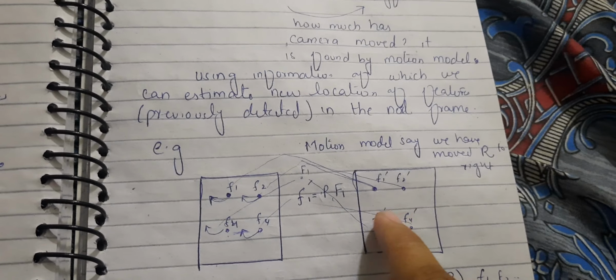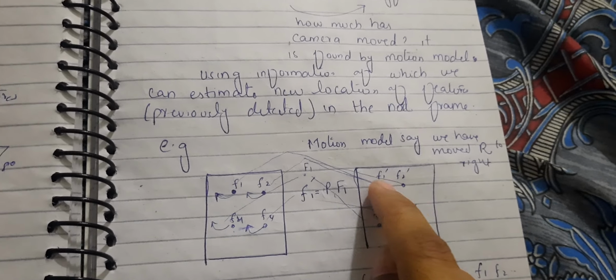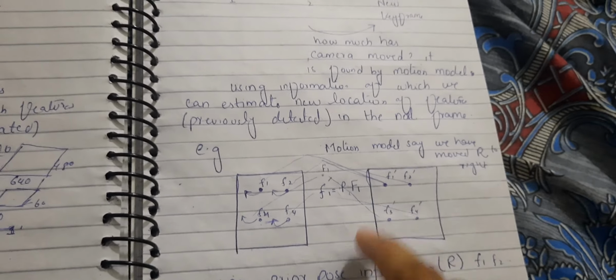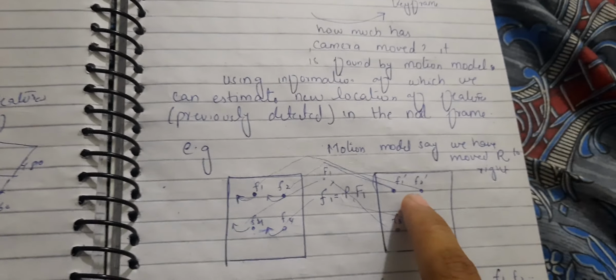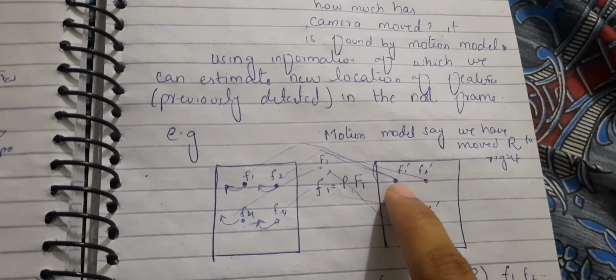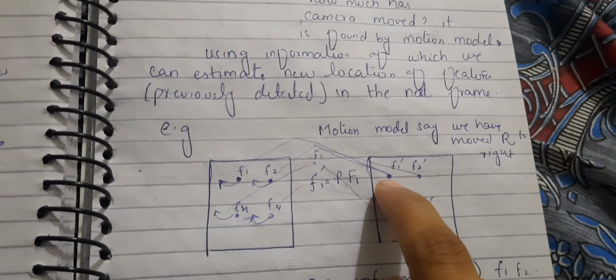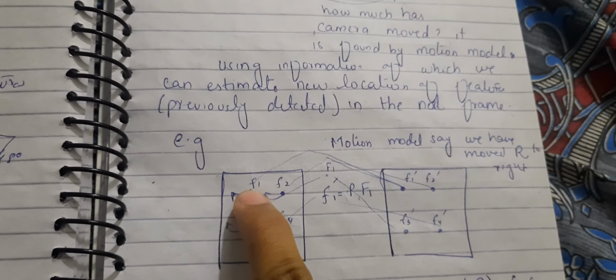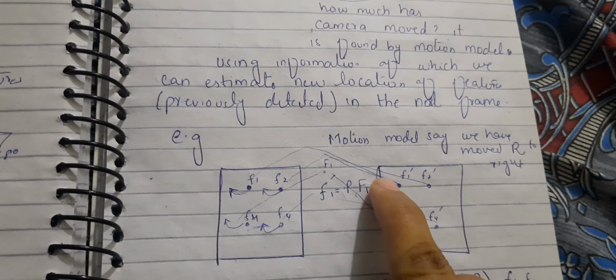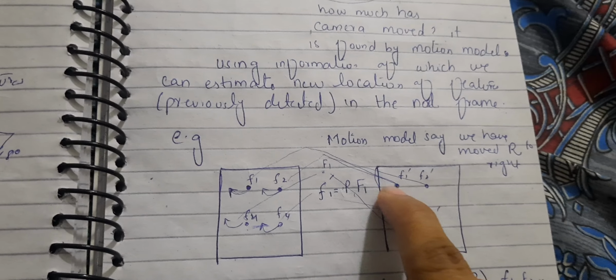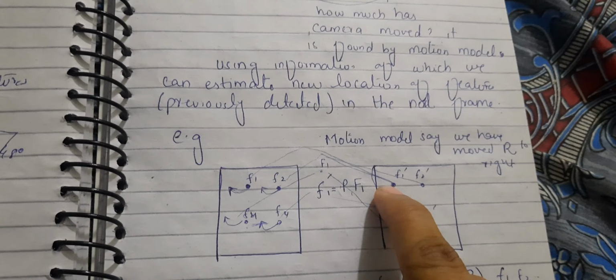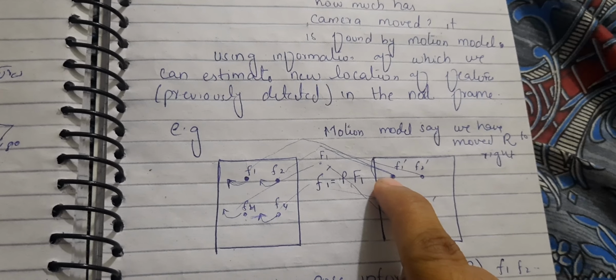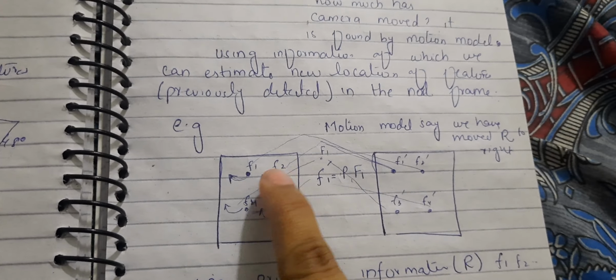Now what you will do is minimize your error, or get a stronger belief whether this feature is present here or not: you will search this patch in the area around this predicted f1 feature.